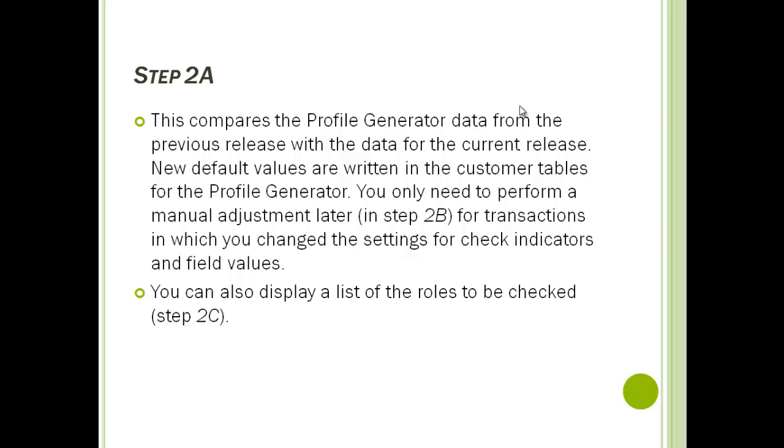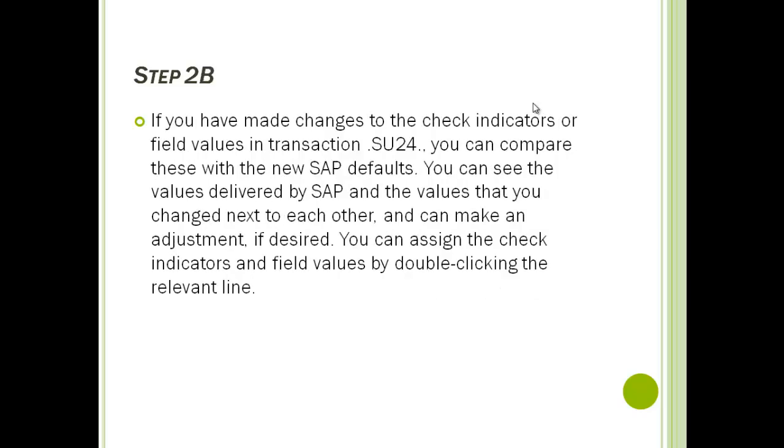because this step 2C anyway marks all the roles which need to be changed or checked. The step 2B, in this step, will give you the list of comparisons, or the details of all the comparisons which were done in the previous steps.